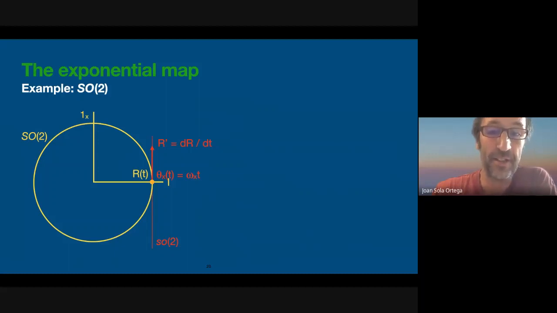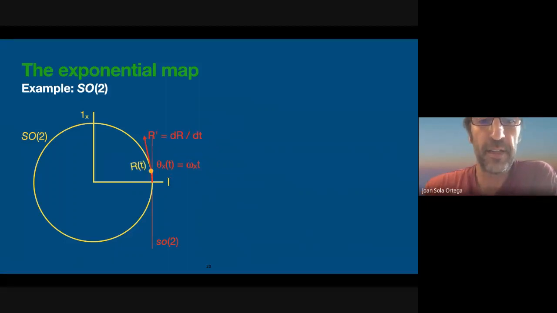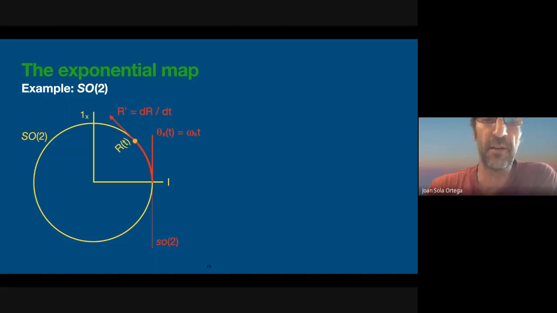So the angle theta of t will be omega times t. So you can see that as the angle progresses in the tangent space, the rotation progresses in the group. Okay, again, that's what happens when things change continually in time at constant speed.